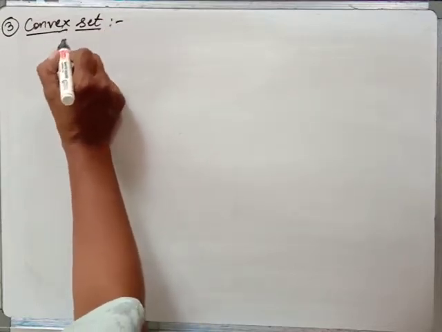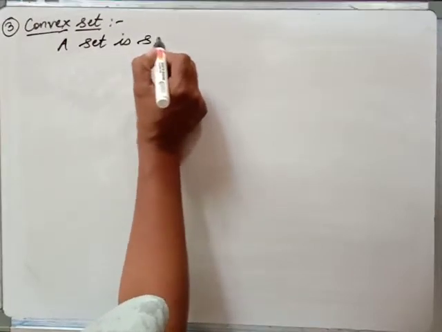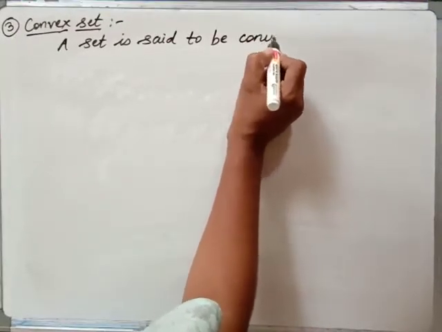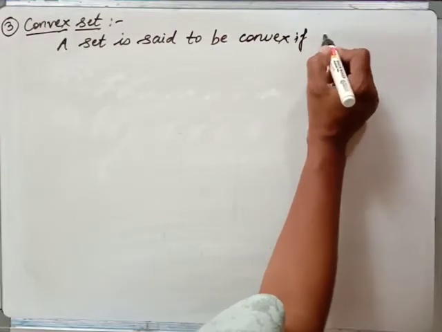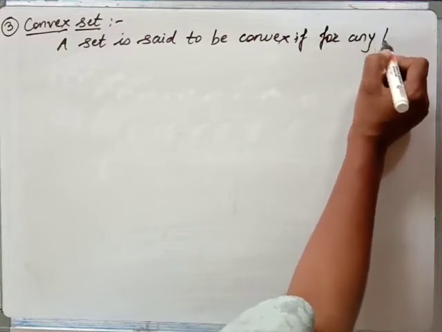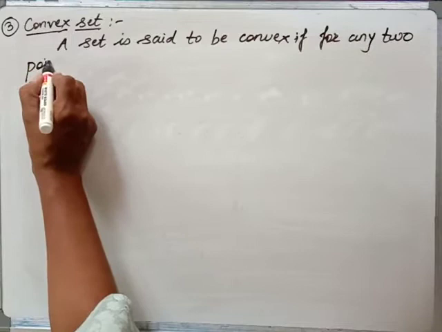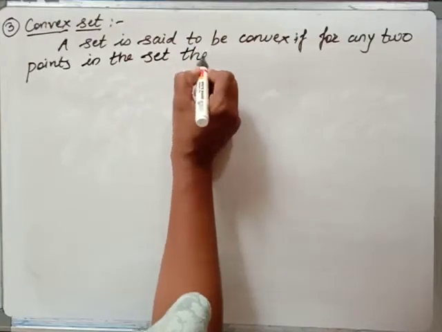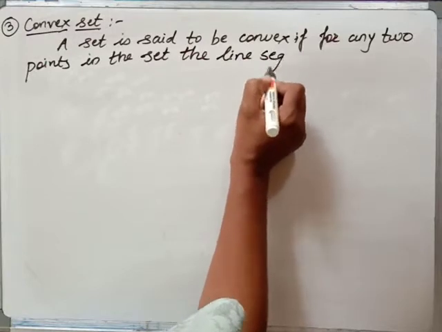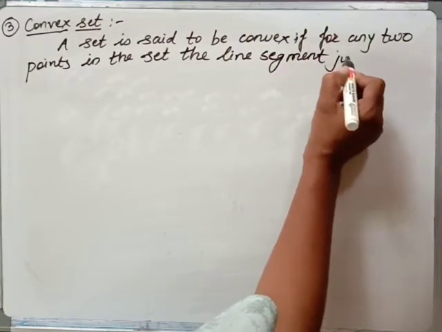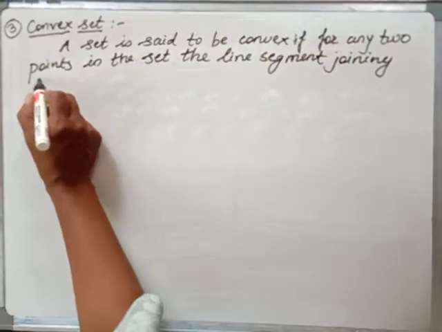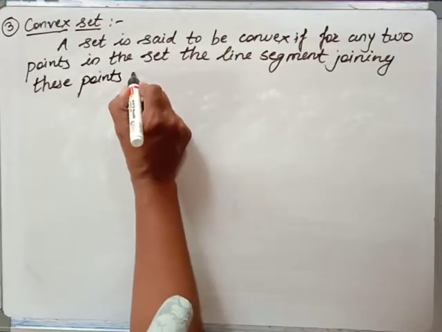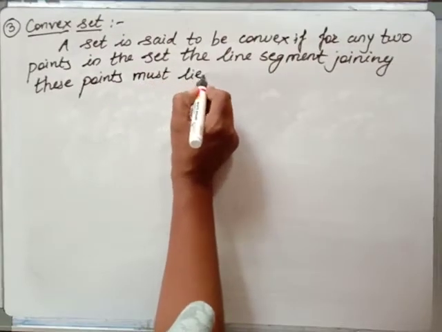A set is said to be convex if for any two points in the set, the line segment joining these points must lie in that set.